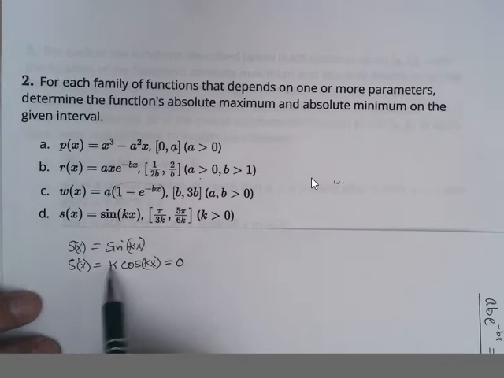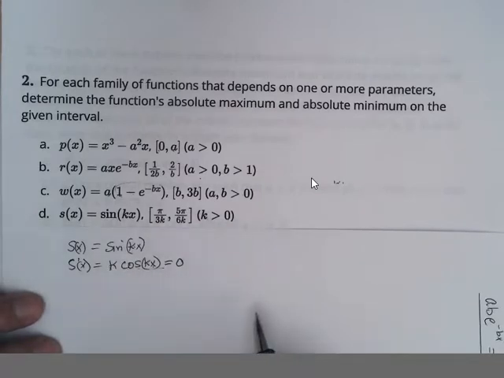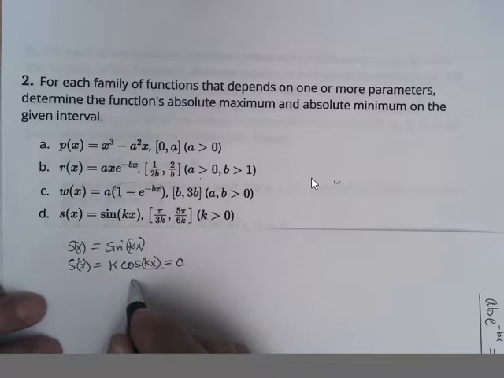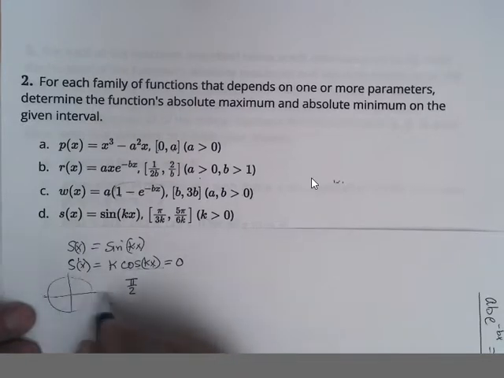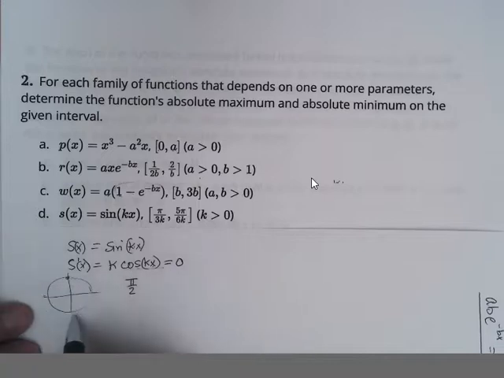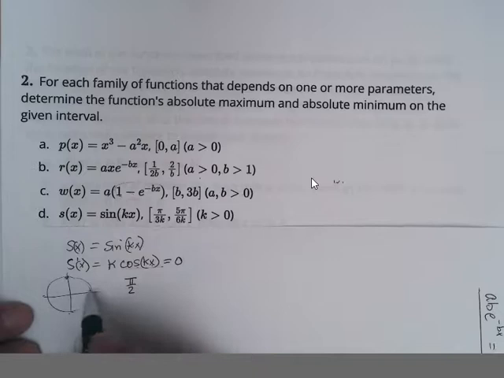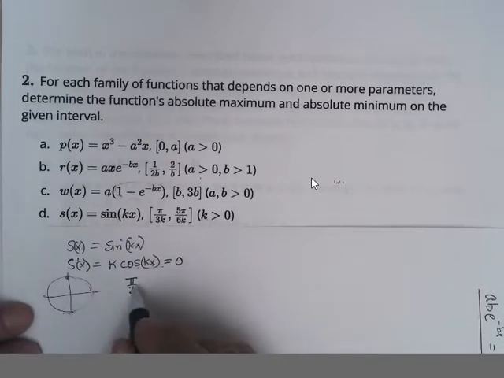So since k is positive, it's going to be when cosine of kx is 0. And cosine is 0 at pi over 2. If you look at the unit circle, at pi over 2, the x value is 0, and at 3 pi over 2, and 5 pi over 2, and 7 pi over 2, and minus pi over 2, and minus 3 pi over 2, and minus 5 pi over 2.